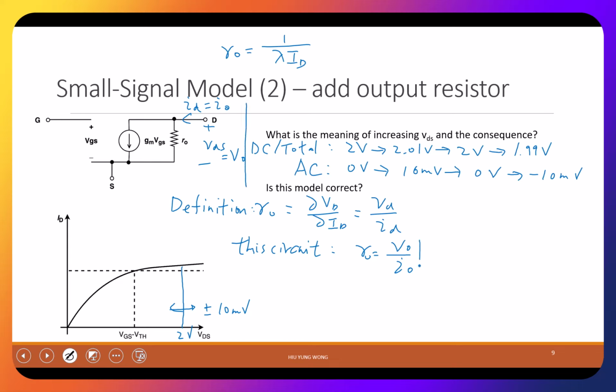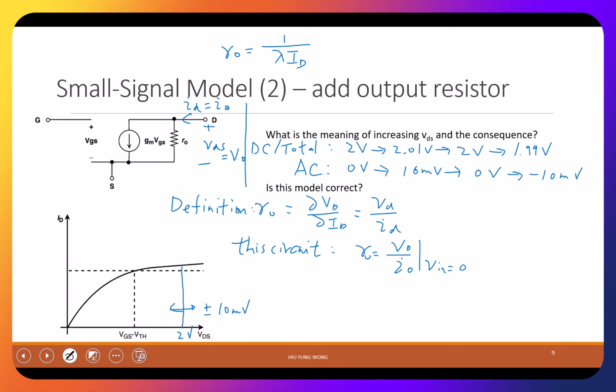But you need to ground the input to 0. This is definition, okay? So don't ask why. Let's just use this one. We don't have time to go too deep. When you measure the output impedance of a circuit, you need to short the input, which also makes sense, right? Because you don't want the input signal to interfere with the characteristic of the transistor. Remember, Rout is a characteristic of the transistor. You want to make it independent of the input signal.